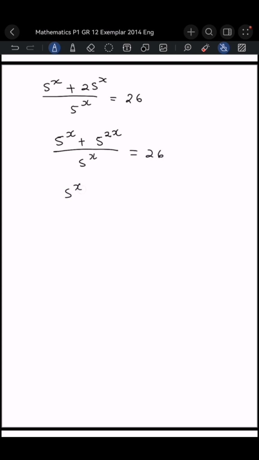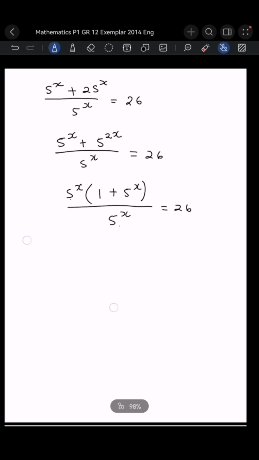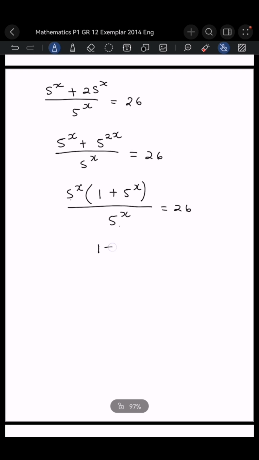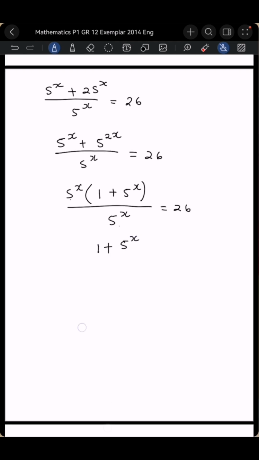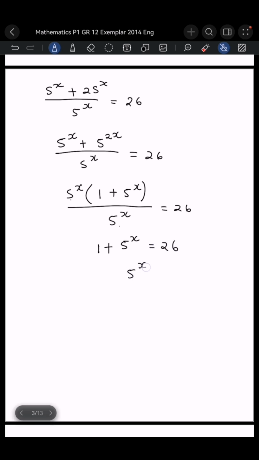You factor the 5 raised to the power of x, we have 1 plus 5 raised to the power of x, all divided by 5 raised to the power of x, is equal to 26. 5 raised to the power of x and 5 raised to the power of x cancel each other. We have 1 plus 5 raised to the power of x is equal to 26. 1 goes that side, it becomes 5 raised to the power of x is equal to 26 minus 1, which is 25. x is equal to 2.